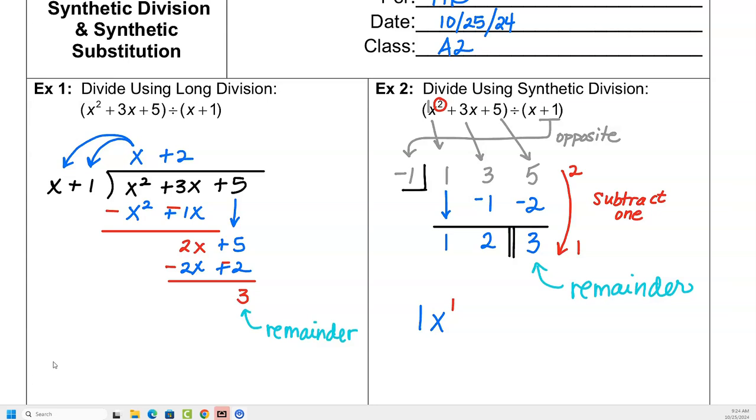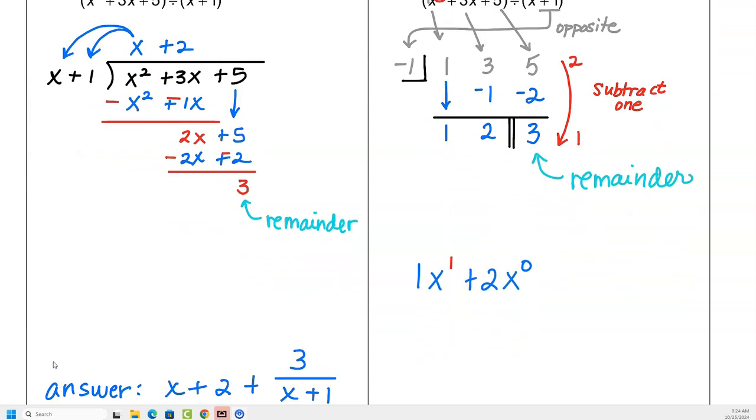Then I'm going to bring down the next number over as the next power down. So the 2, that's the coefficient of x to the 0. Do I have to write x to the 0? Nope. But I'll do it for the sake of our discussion here. And then the 3, we know is the remainder, so we'll put 3 here.